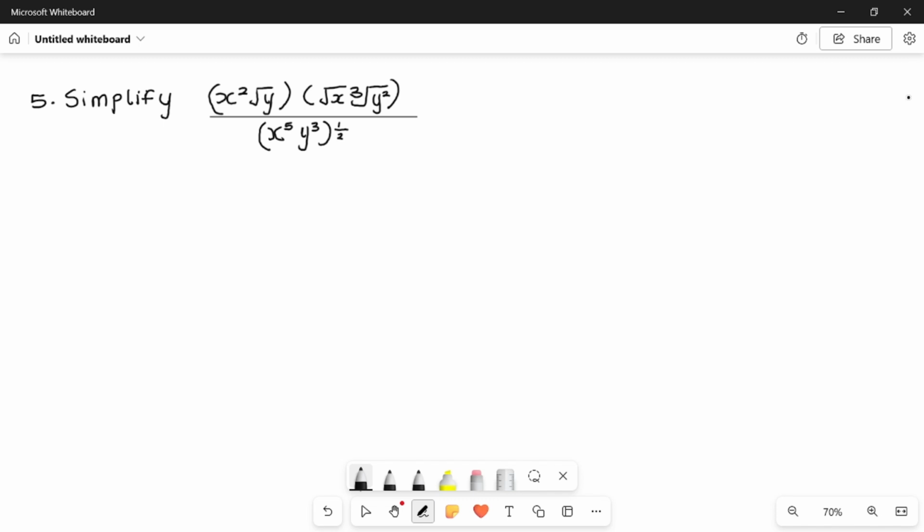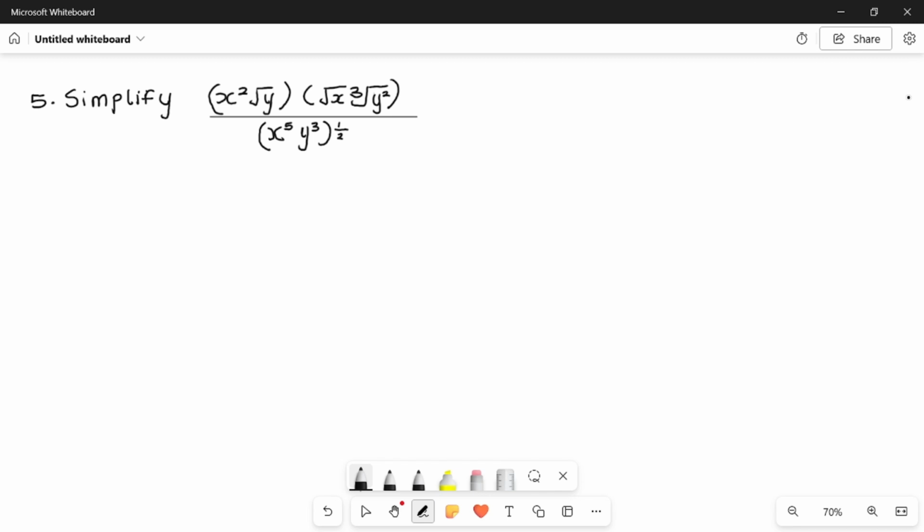So what's the first thing to do? Take note, everything inside this bracket is multiplying everything inside this bracket. If you check, both of them have similarities. X is here, X is also here, Y is here, Y is also here.